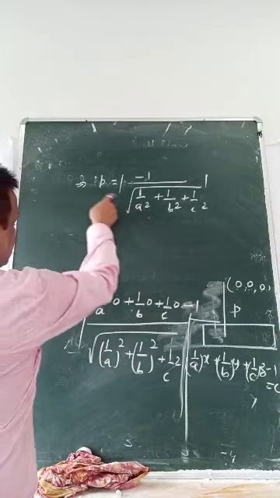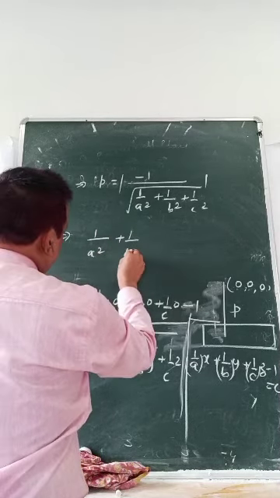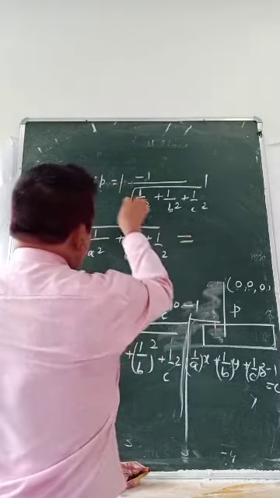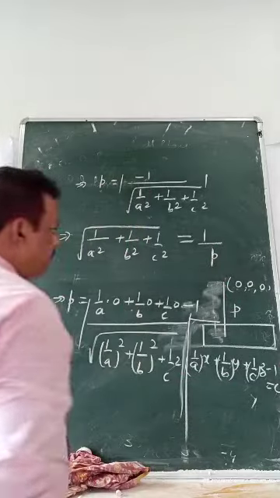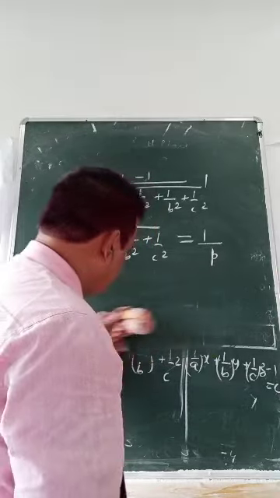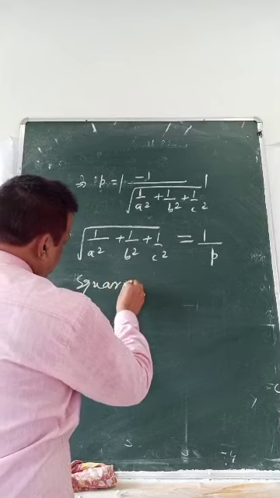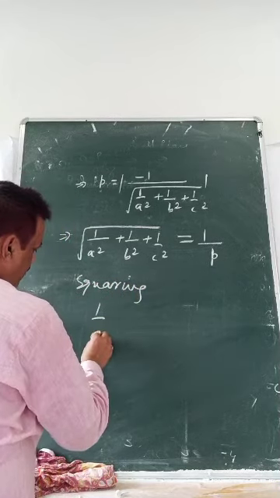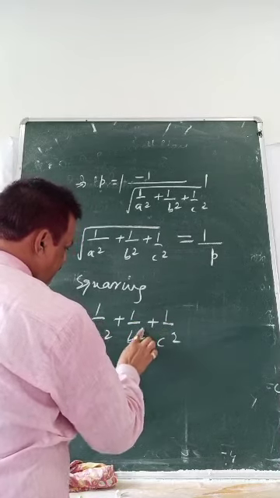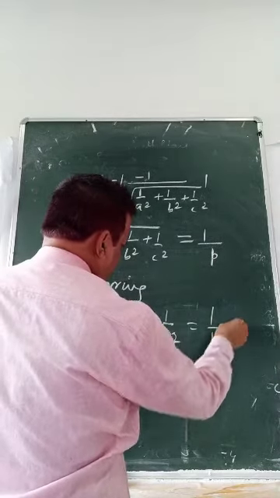So if I replace here, root of 1/a square plus 1/b square plus 1/c square equals 1/p, interchanging. Now squaring both sides, you will get 1/a square plus 1/b square plus 1/c square equals 1/p square. Proved.